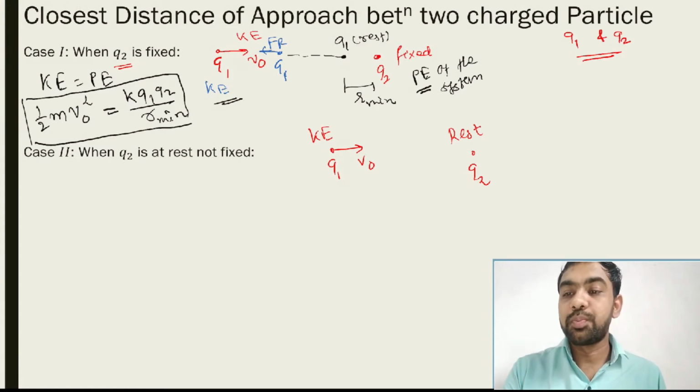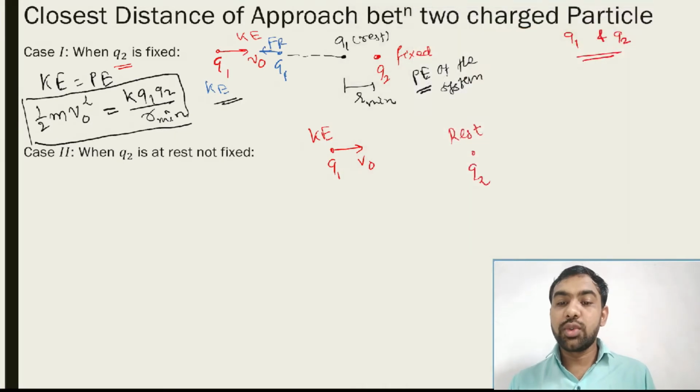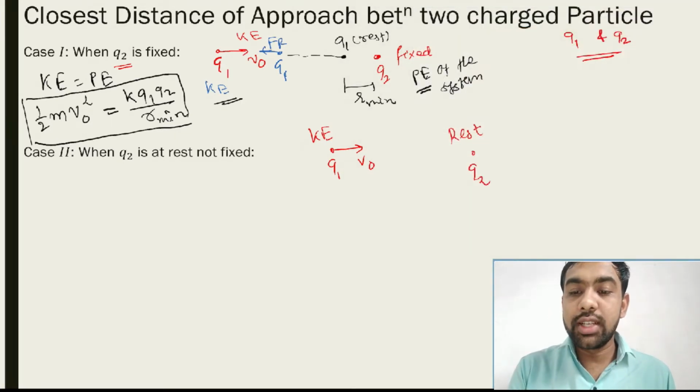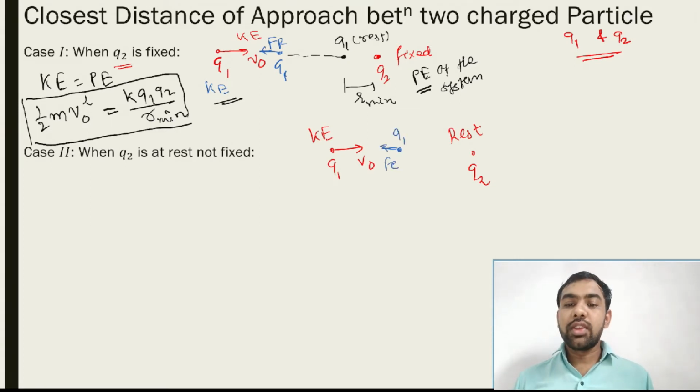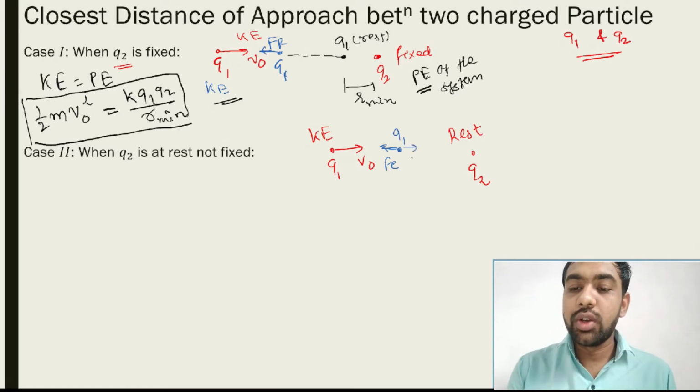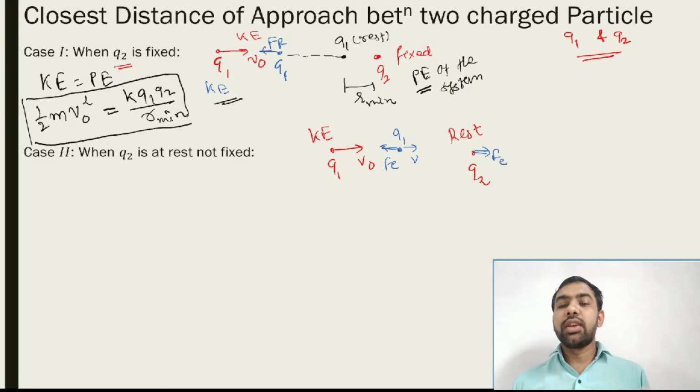When Q1 is somewhere here, the electrostatic force on Q1 is in this direction, opposite to its velocity, but the electrostatic force on Q2 is forward. So Q2 starts moving.